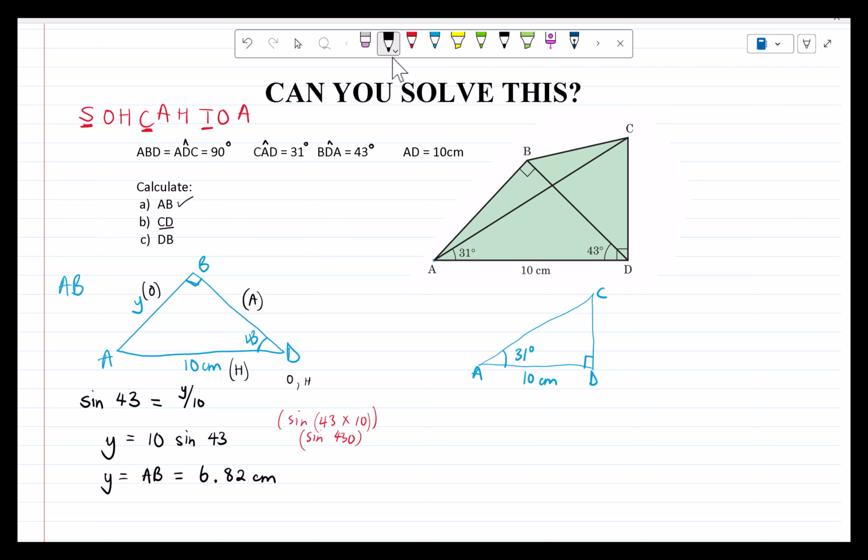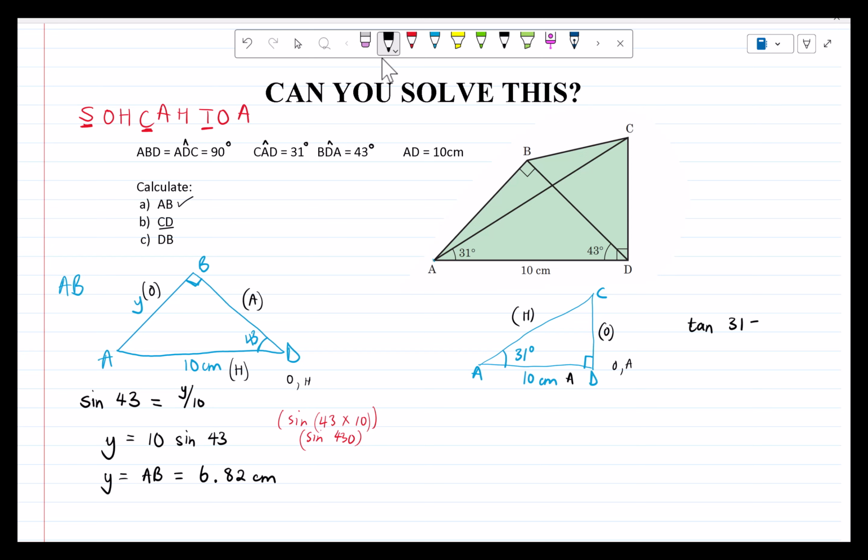So these are the things we're going to make use of. So again, first thing is to label this triangle. You know that this is the opposite, this is the hypotenuse, and this is the adjacent. So what you want to find is CD, which is the opposite. Hence, we have got O, opposite, and adjacent, meaning that we are going to make use of tan, because we've got opposite and adjacent.